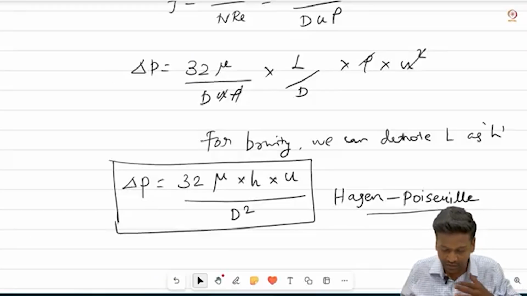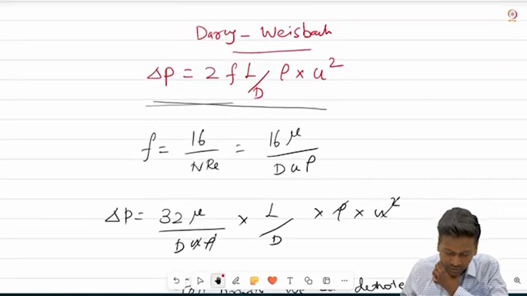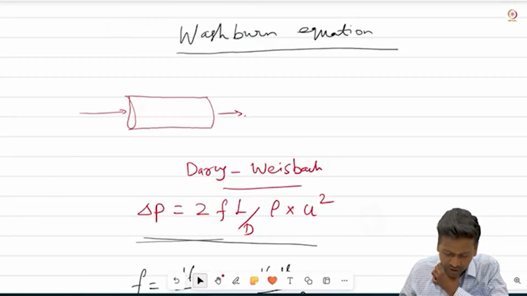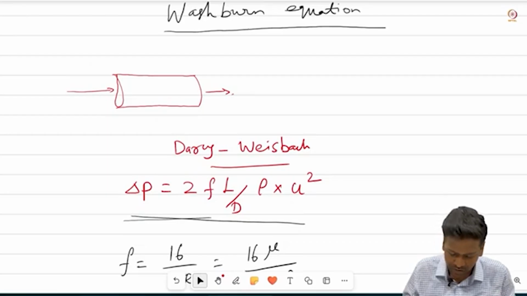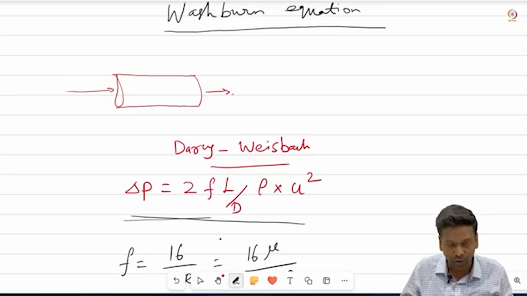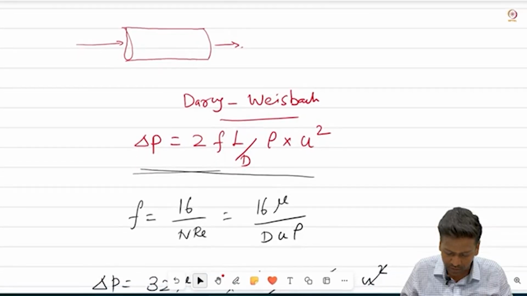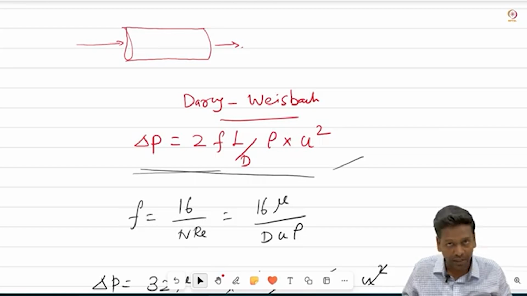So let's try to understand the derivation of the Washburn equation. Our approach starts with the simple fluid flow through a conduit or pipe. So our starting equation is going to be the Darcy-Weisbach equation for any flow through a conduit or pipe.